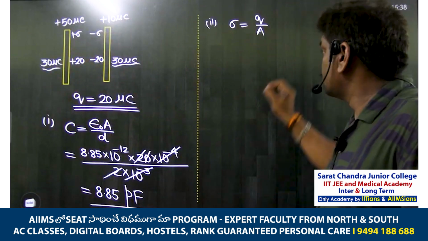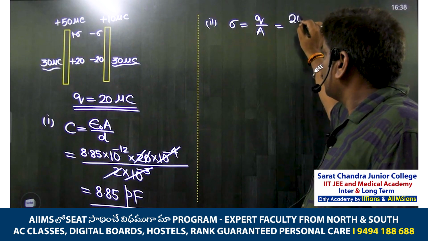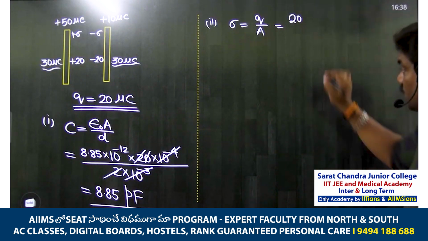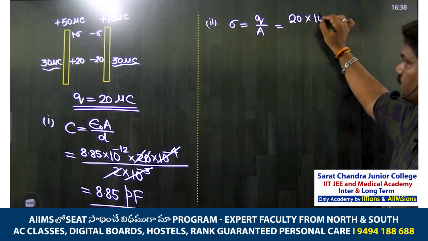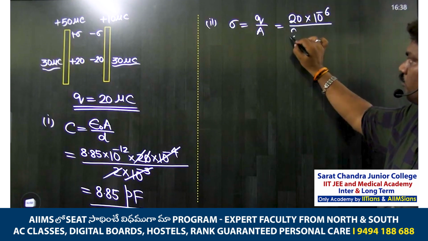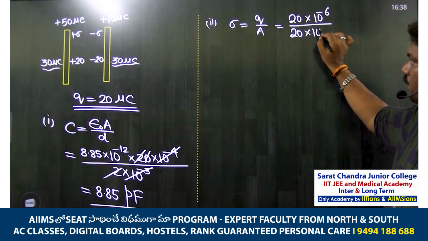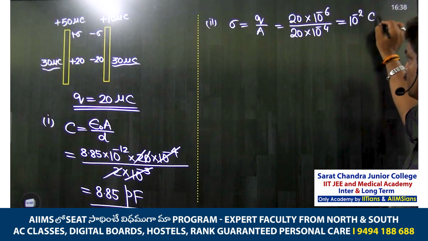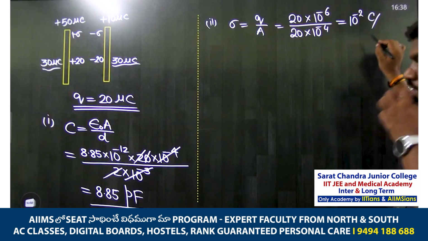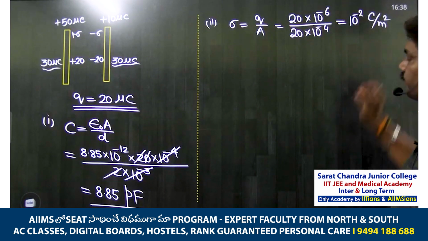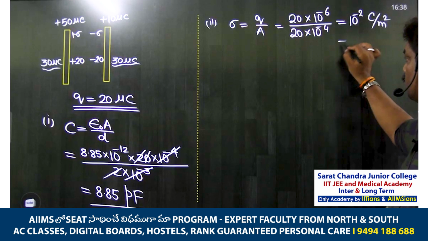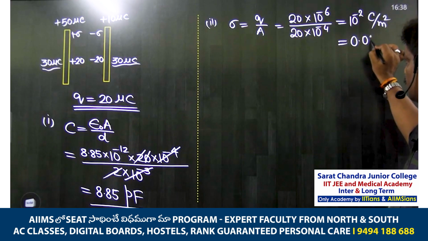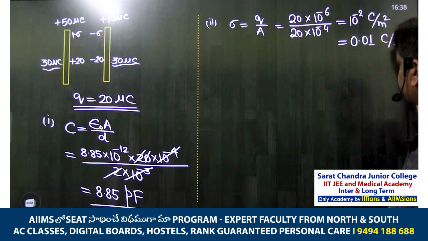Q by A. So it is going to be 20 into 10 to the power minus 6 divided by 20 into 10 to the power minus 4. That means it is 10 to the power minus 2 coulombs per meter square, or 0.01 coulombs per meter square.